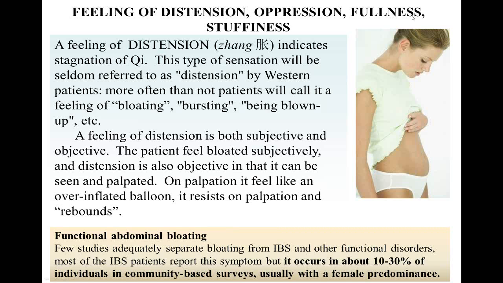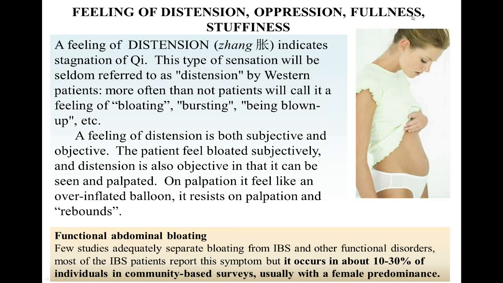So first of all, let's describe it. The feeling of distension is both subjective and objective. Subjectively, the patient feels bloated, like blown up like a balloon. But distension is also objective because you actually can see it. The abdomen is distended like a balloon, and you can palpate it as well.